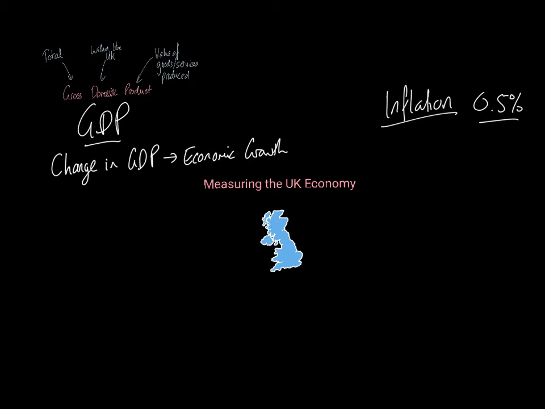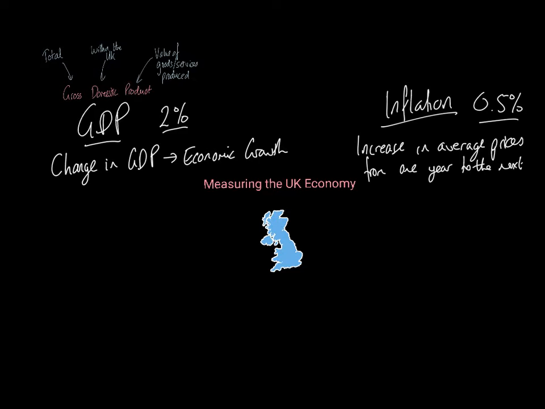In fact, whilst we're doing that, the current rate of GDP growth in the UK on an annualised basis is 2%. Just so you've got an idea of what we're talking about here. So inflation of 0.5%. What does that mean? That means that there has been an increase in average prices from one year to the next.